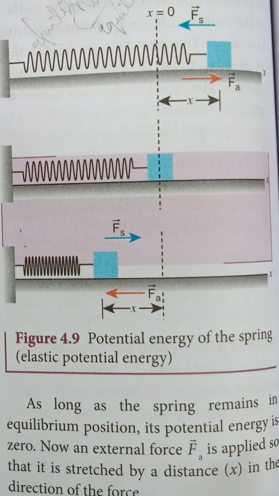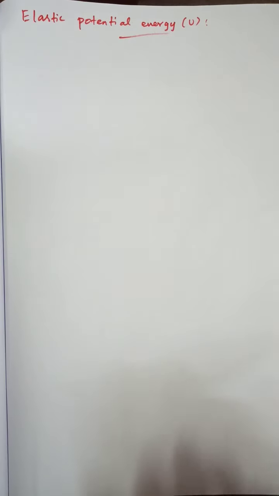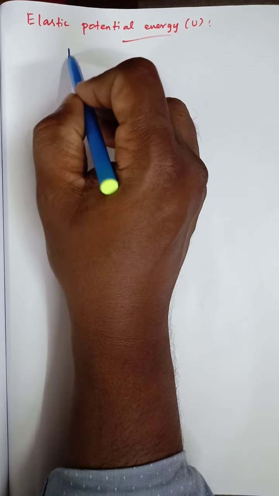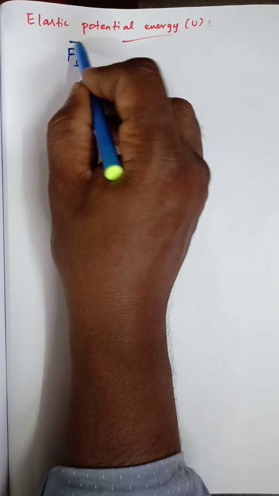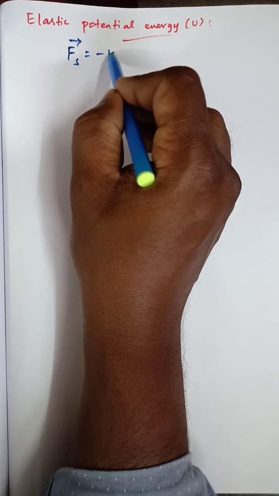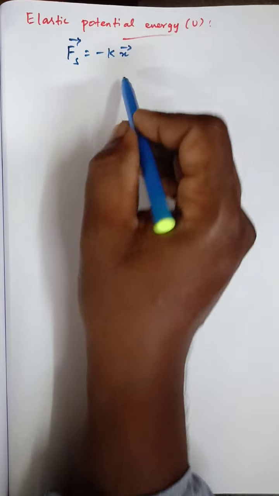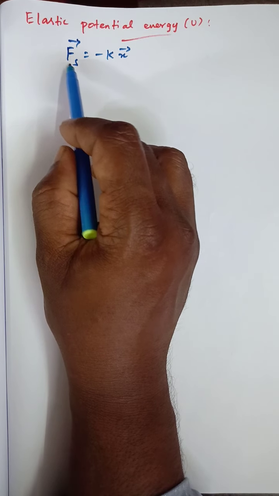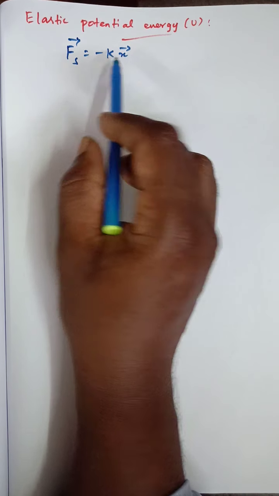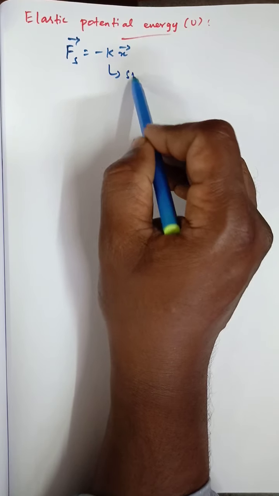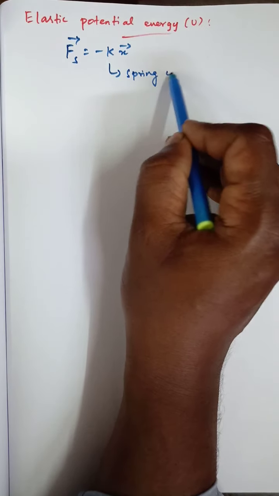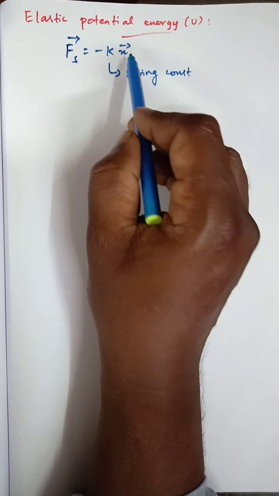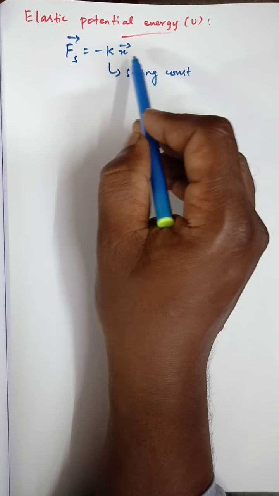For the elastic potential energy of a spring force, Fs vector is equal to minus K into x vector. Here Fs is the spring force, K is the spring constant, and x is the displacement in the positive x direction.